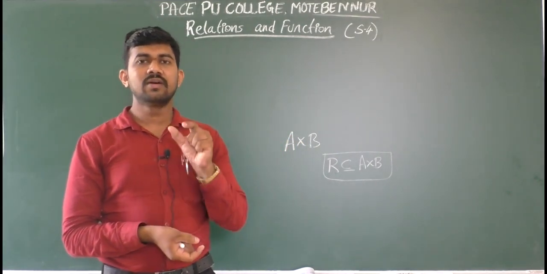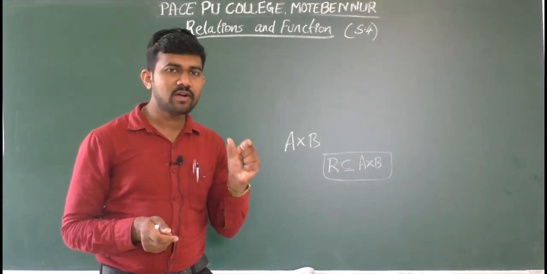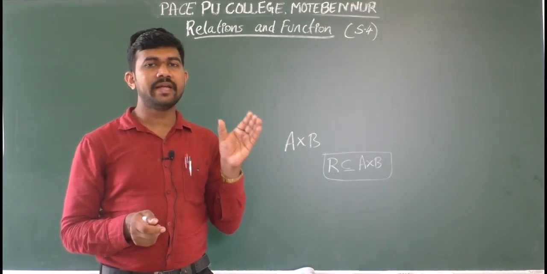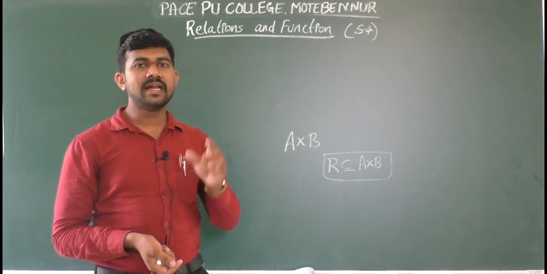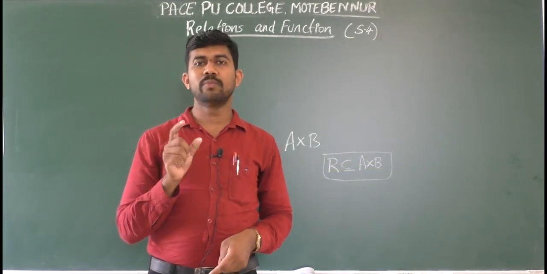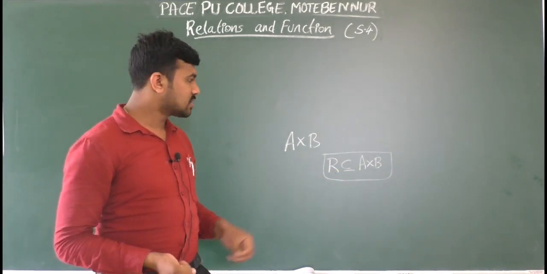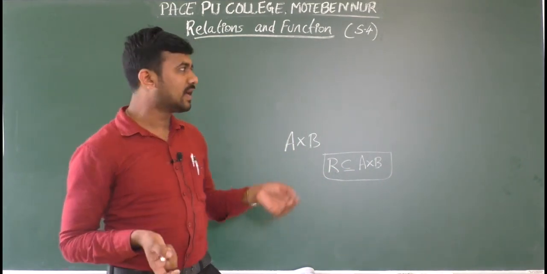The second set in a relation is always called the codomain. So that we discussed in the last class.